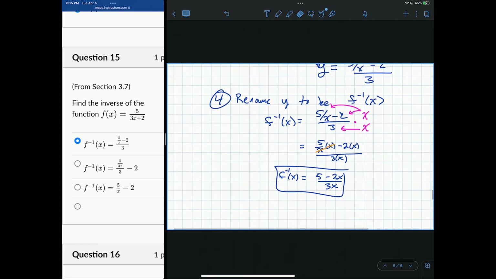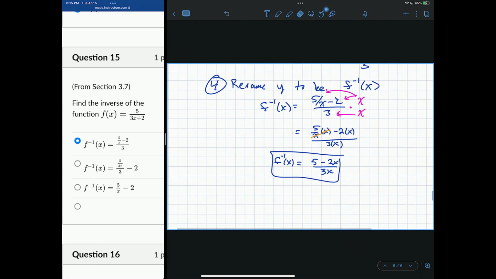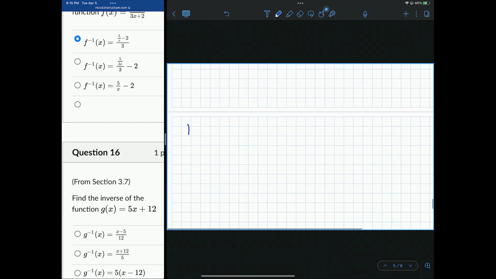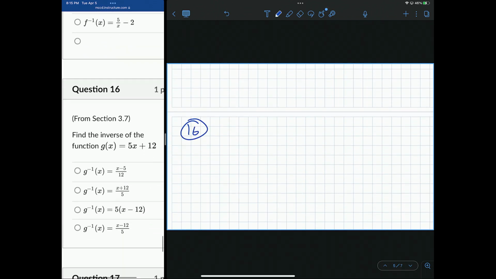Okay, so there's different ways to write the answer here. I think we've got the right one. So let's move on and do number 16. Almost done. 16, find the inverse of g of x equals 5x plus 12.